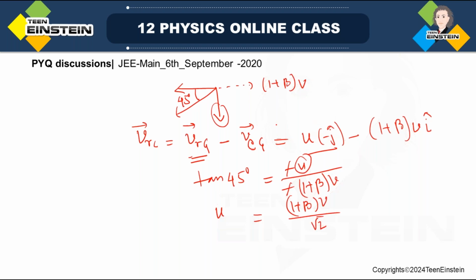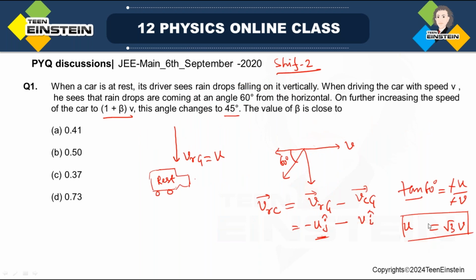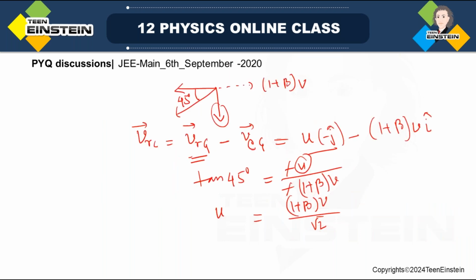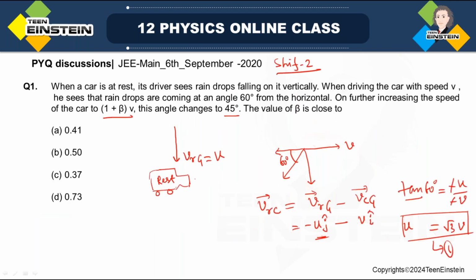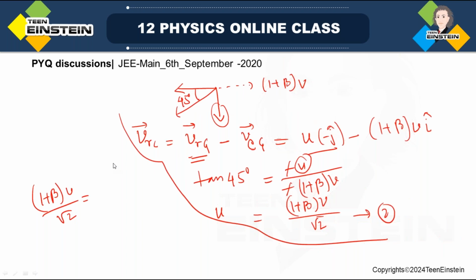If we compare, suppose this is equation number 1 and this is equation number 2. They are both the same, so I can just write 1 plus beta times v by √2 is equal to √3 v.